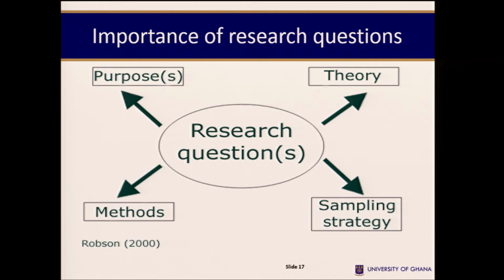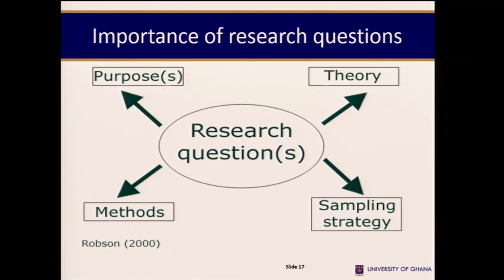Research questions are important because they give you so many directions. The questions can direct the purpose of the study or how the purpose should be written. We talked about the various formats or ways of writing the purpose, so the research question can direct which way you should write. The questions can also direct the kind of theory that you want to use in your research.